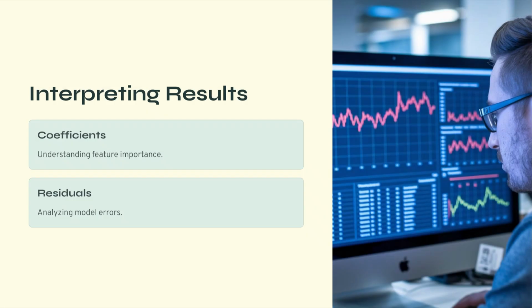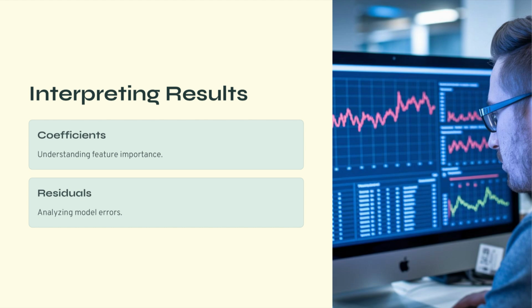The final step in this section is interpreting the results of the model. Building a machine learning model is not only about generating predictions, it is also about understanding what the model has learned. One important aspect of interpretation is examining the coefficients of the model. In linear regression, each feature has a coefficient that indicates its influence on the predicted value.